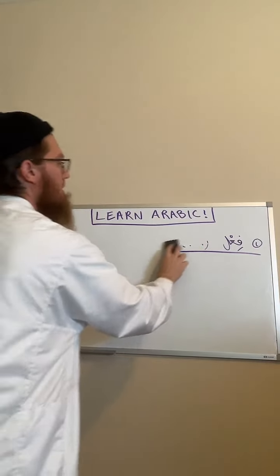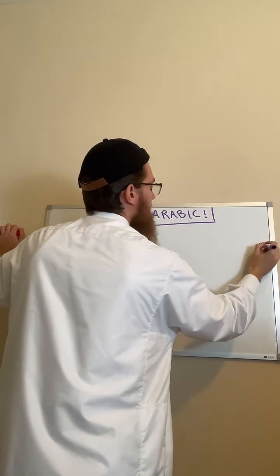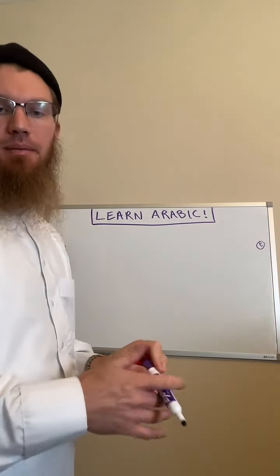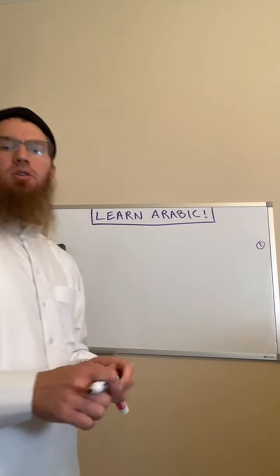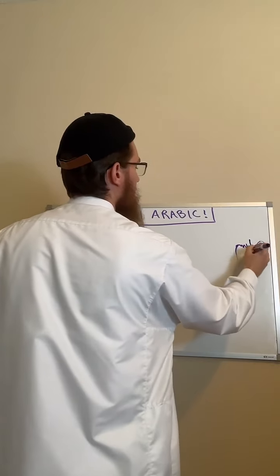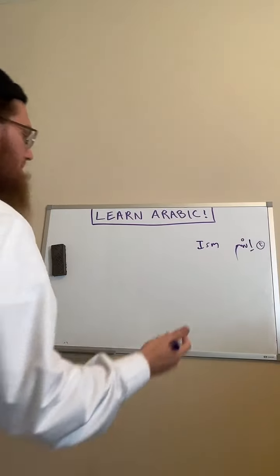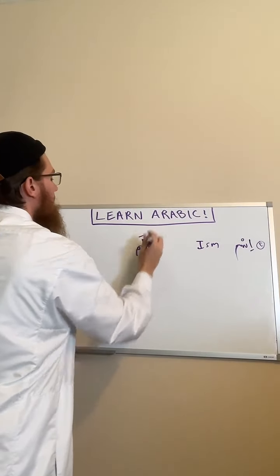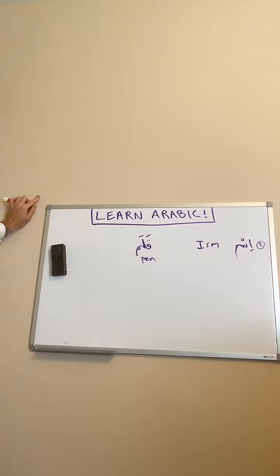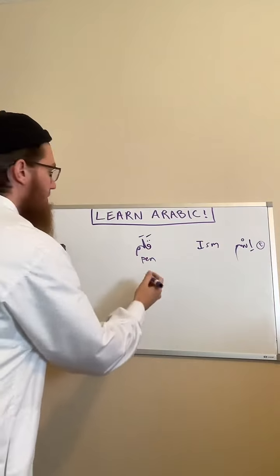What is the second category that we learned? The second category, which has a complete meaning but no relation to time, is the ism. For example, we said qalam, which means pen. It has a complete meaning, but it doesn't have a relation to time. There's no past, present, or future tense.